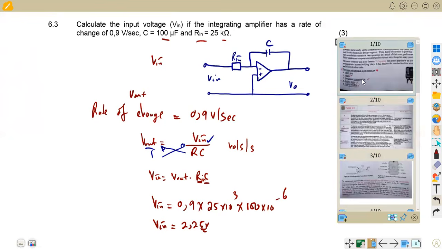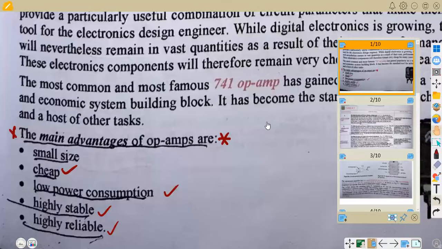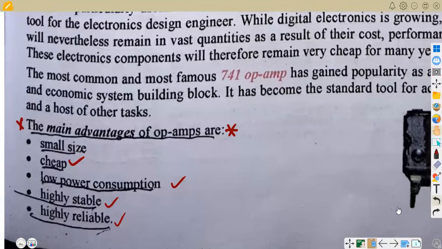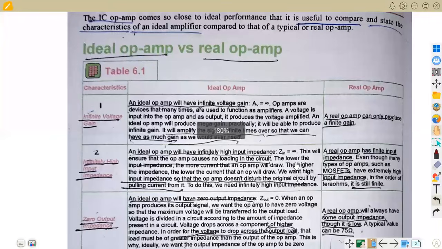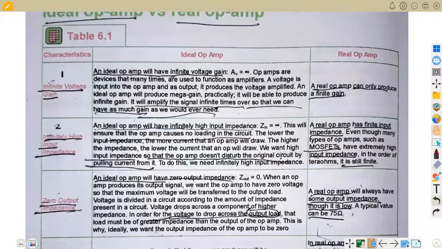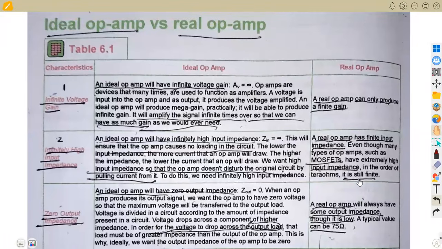Try to read up and understand the advantages of op-amps, the characteristics of an ideal op-amp and a real op-amp, the calculations and the diagram of each and every operational amplifier, and also understanding the gain concept and calculating the voltage output from the gain or directly from the formula, because it's one and the same thing.